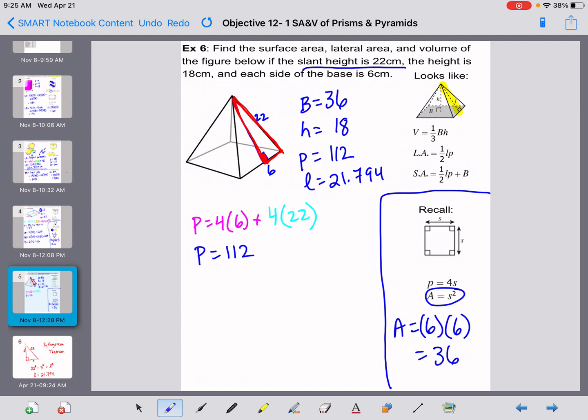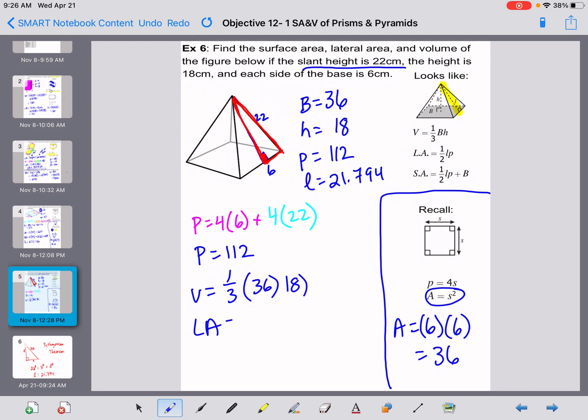So, what are we doing? We've done a lot of stuff. Look how much work we've done, and we haven't even answered the problem. Yeah, that's why you guys get tired of doing these problems and you start to make mistakes. So, just take your time, go easy, it'll all work out. So, volume is 1/3 of the base times the height.